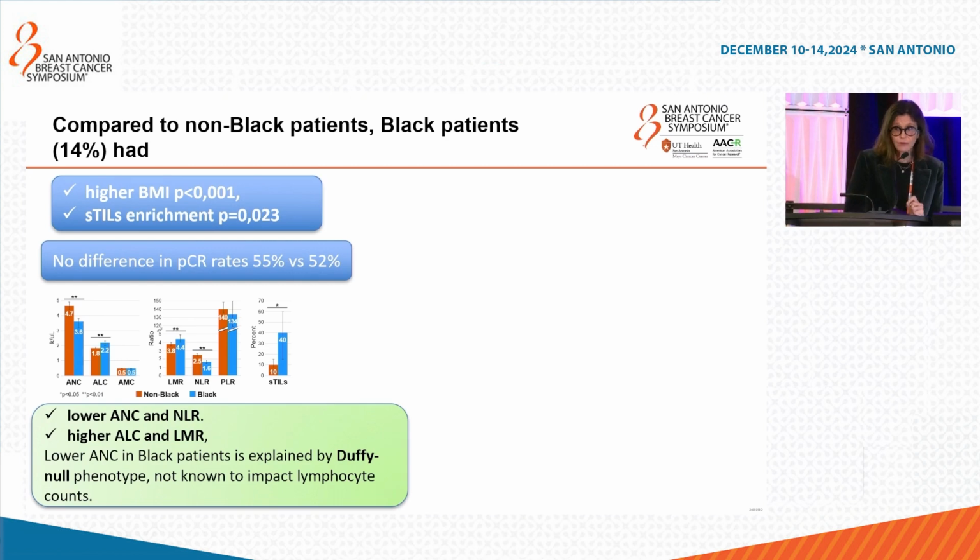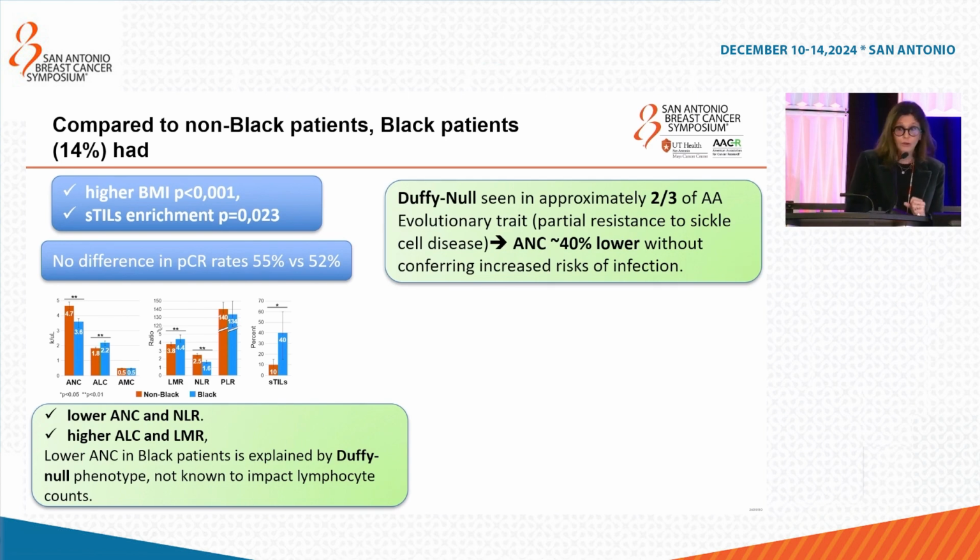In Black patients, this low neutrophil count can be explained by the Duffy null phenotype, but it's not known to increase lymphocyte counts. The Duffy null phenotype is seen in approximately 2/3 of African Americans. It's an evolutionary trait that confers partial resistance to malaria, and the absolute neutrophil count is 40% lower without conferring an increased risk of infection.